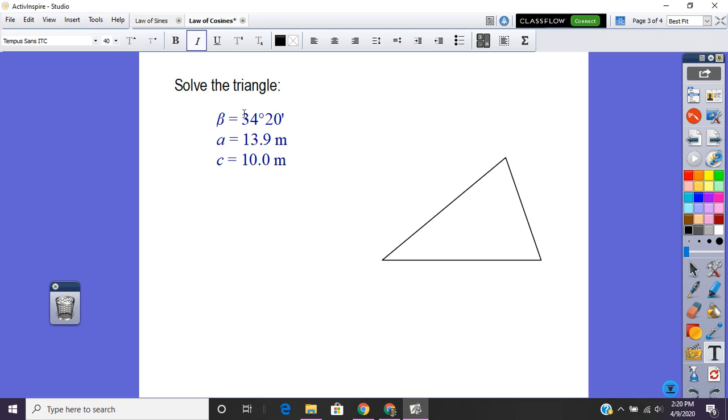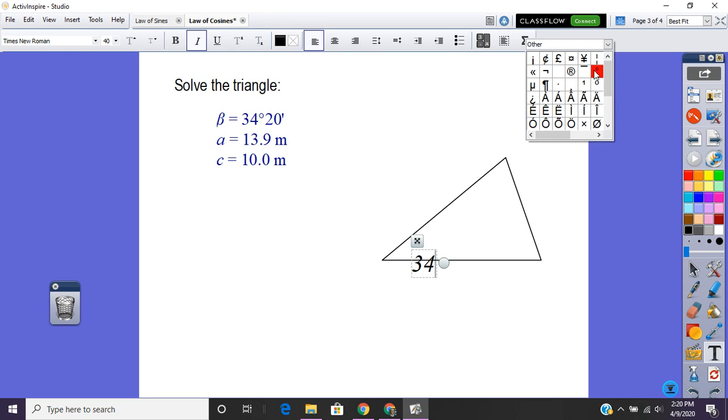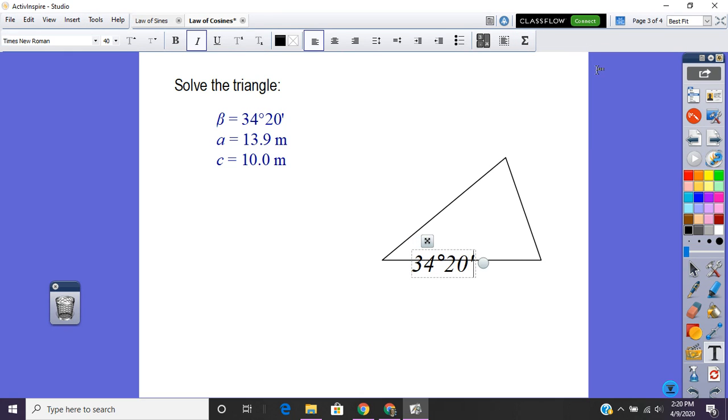Those are always fun. So beta is 34 degrees and 20 minutes. So let's call this angle our beta, and we're going to put that right in here.